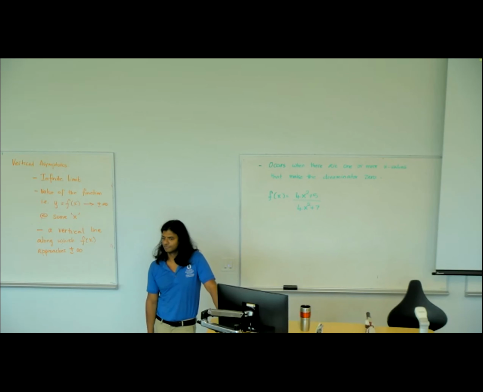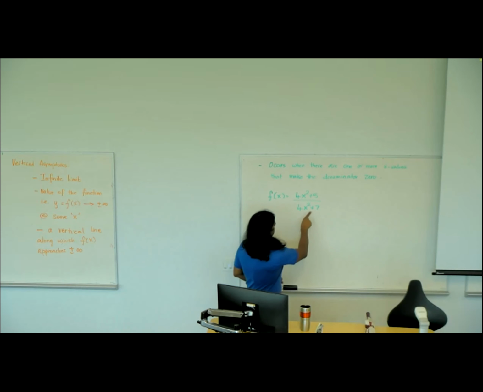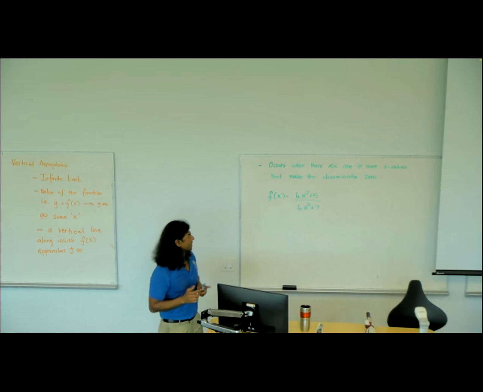Is there one? No. There is no real number that is going to make the denominator 0, because no matter what you put for x, it would become positive plus positive, always positive. It's not going to become 0.